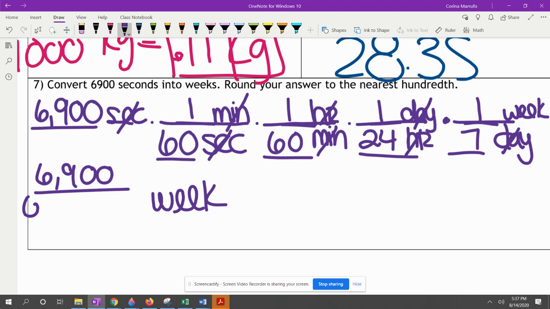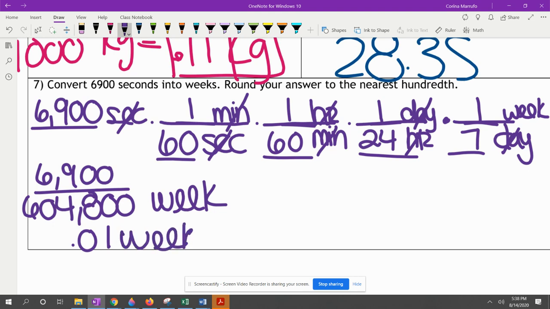That gives us 604,800. So we're going to take 6,900 and divide it by 604,800. They want us to round to the nearest hundredth, which is 2 decimal places. So 0.01 weeks. And that's it.